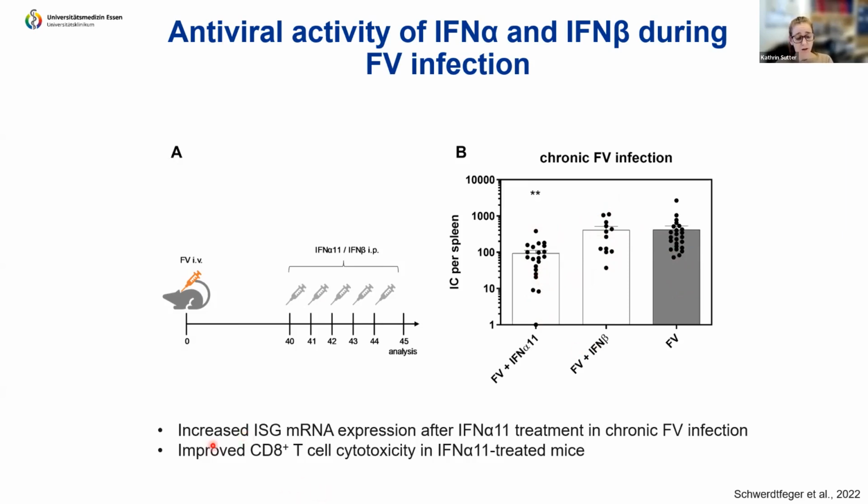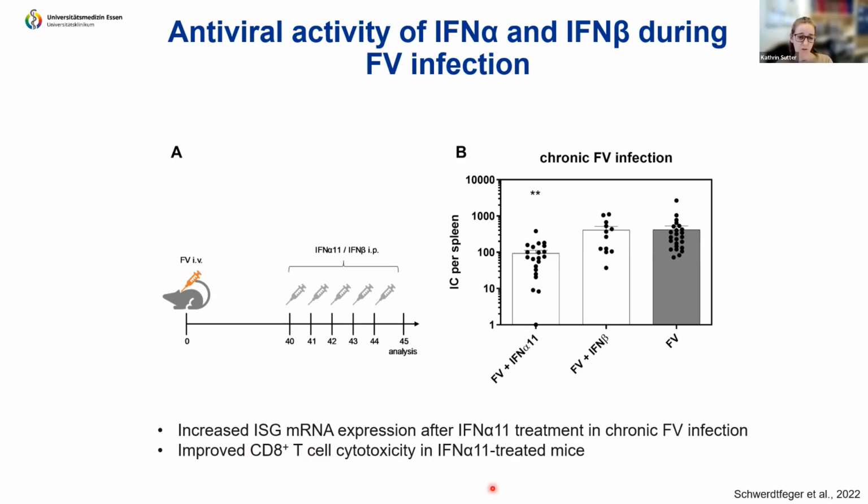infection. We could also show that we do see a lot of interferon stimulated genes which are upregulated after the treatment with alpha 11, but this was not the case for interferon beta. And we also saw here that during chronic infection, interferon alpha 11 has a very strong effect on the cytotoxicity of CD8 T cells.